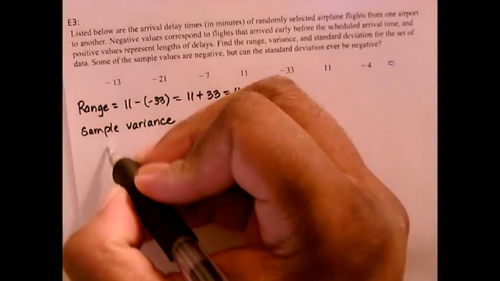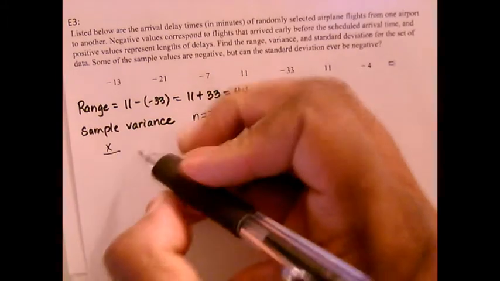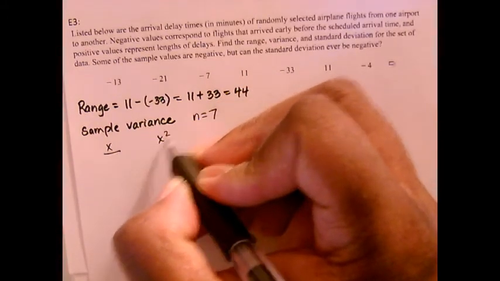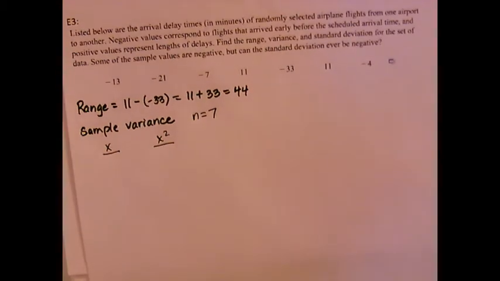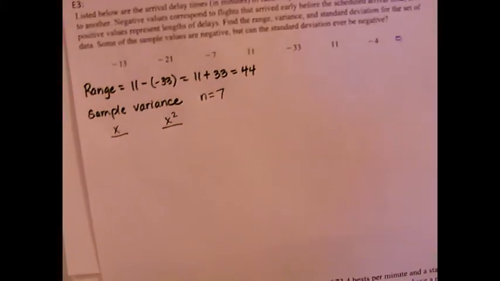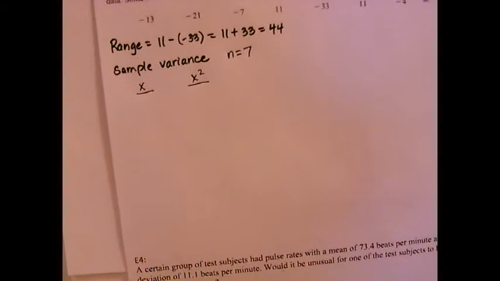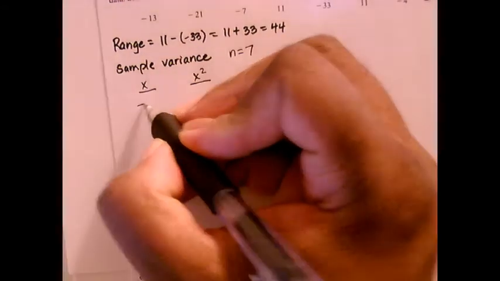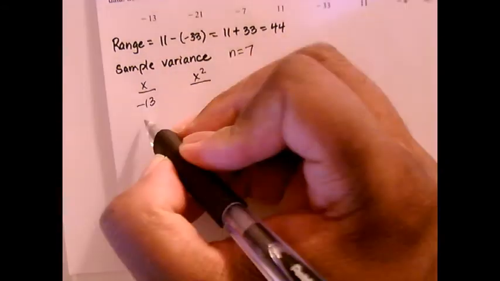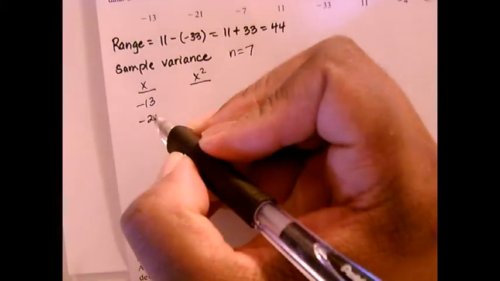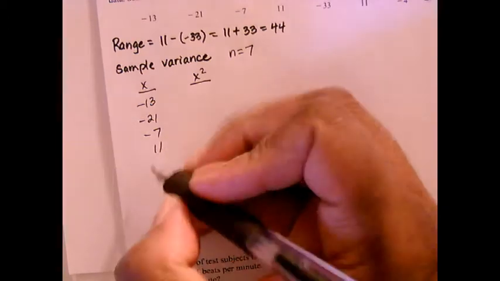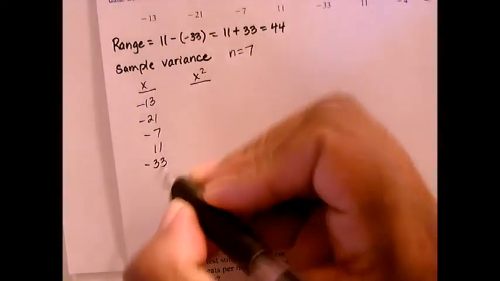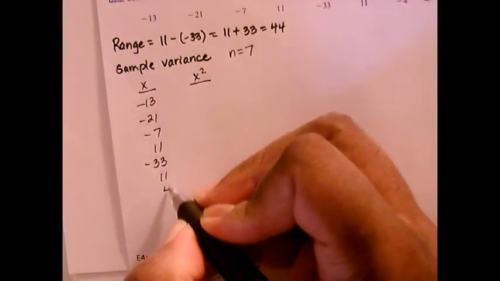Now, the first column is my x, the second column is x squared. And then I'm going to list all my data values in the x column. So here I have negative 13, negative 21, negative 7, 11, negative 33, 11, and 4.